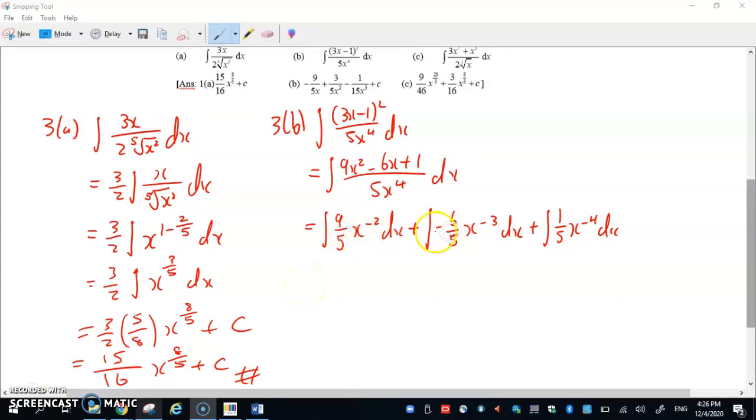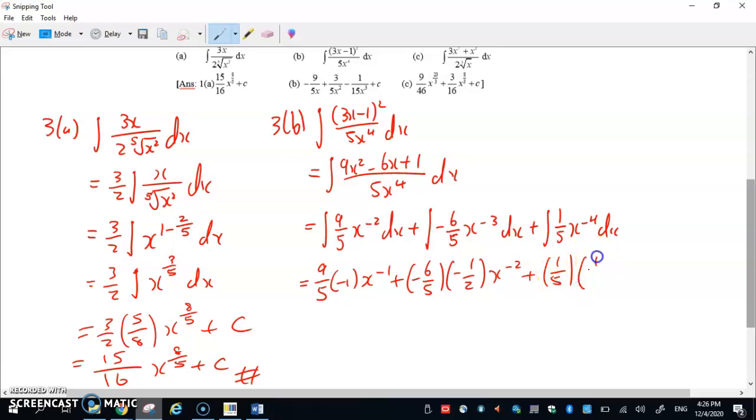For all three of these terms, you may integrate directly to get 9 over 5, negative 1, x to the power of minus 1, plus negative 6 over 5, negative half, x to the power of minus 2, plus 1 over 5, 1 over negative 3, x to the power of minus 3, plus c.